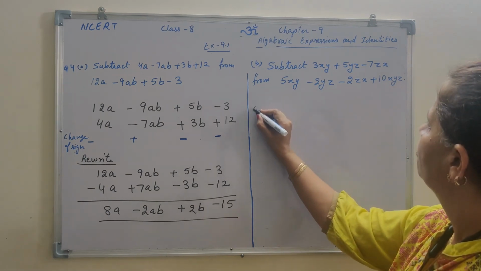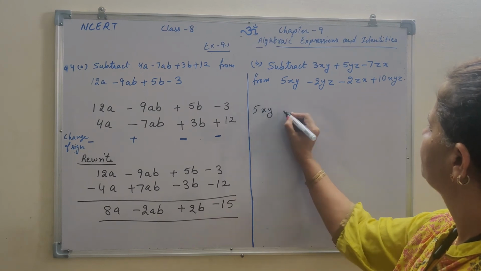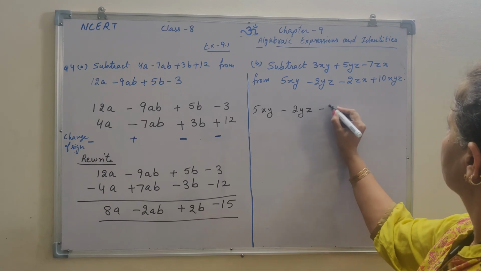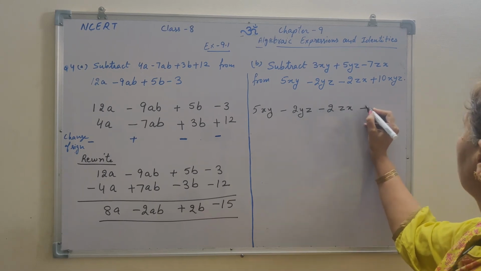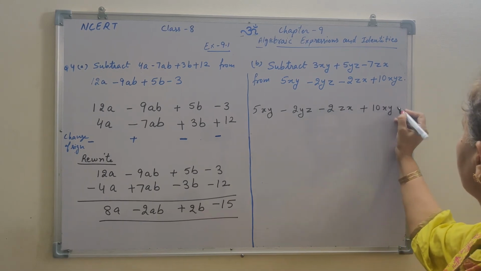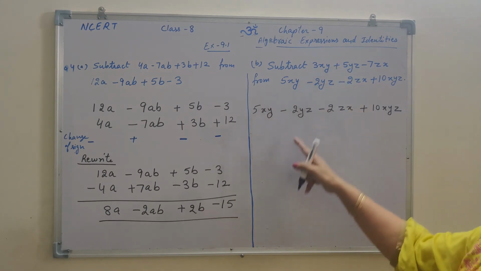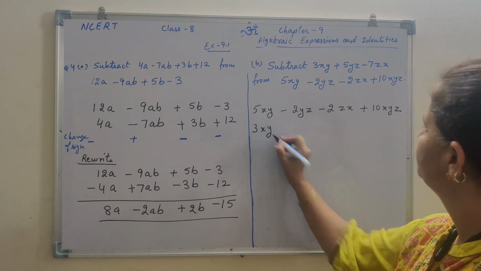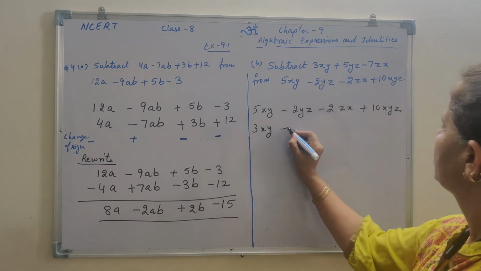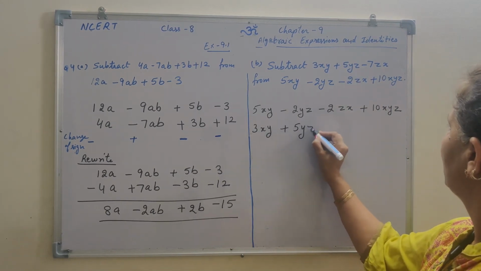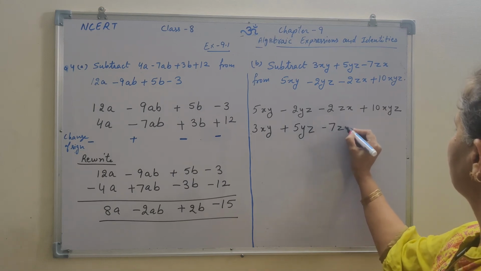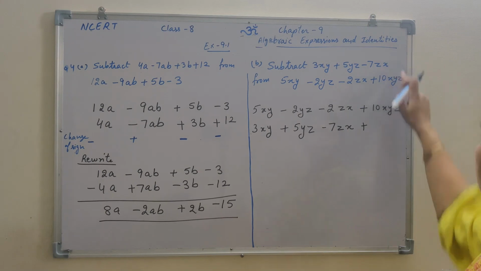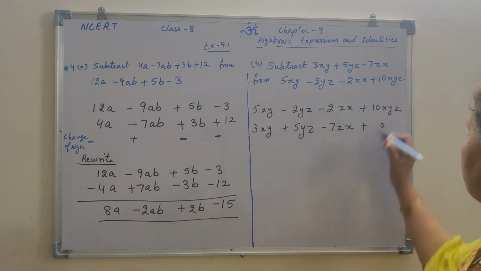So we have 5xy minus 2yz minus 2zx and plus 10xyz. This will come below this: 3xy below here, 3xy plus 5yz, 5yz and minus 7zx, and no term with xyz, so 0.